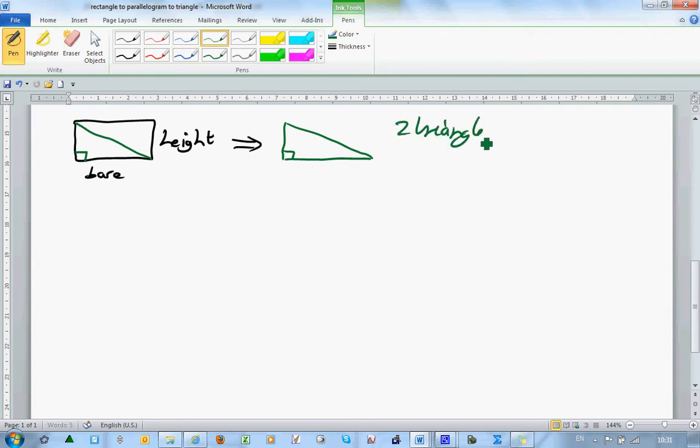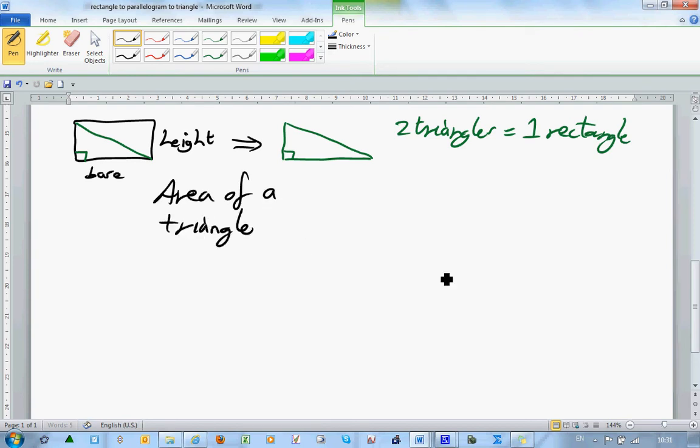So therefore the area of a triangle must be equal to half of the area of the rectangle. So in other words, this is base times height. Get that answer and then half it. In other words, divide it by 2.